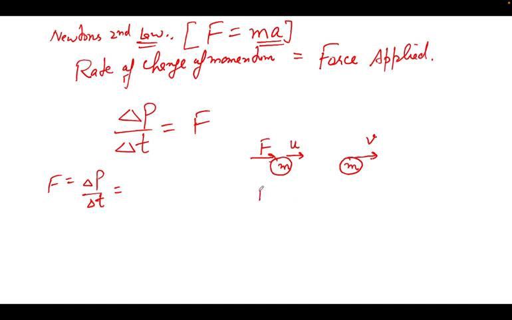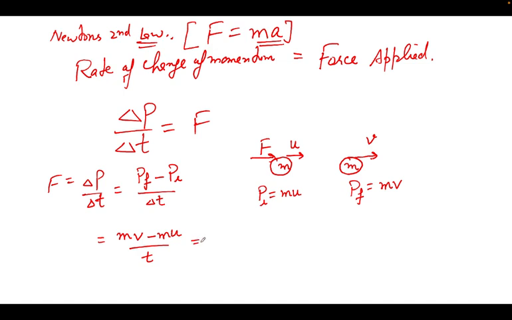So its initial momentum is m into u, final momentum is m into v. So rate of change of momentum is final momentum minus initial momentum over time taken. So we can write it as mv minus mu over t, where t is the time taken.